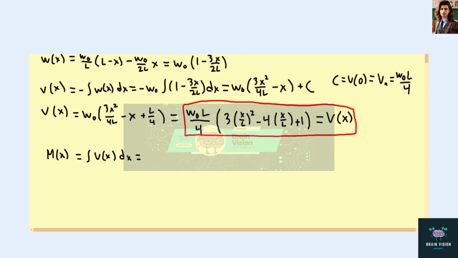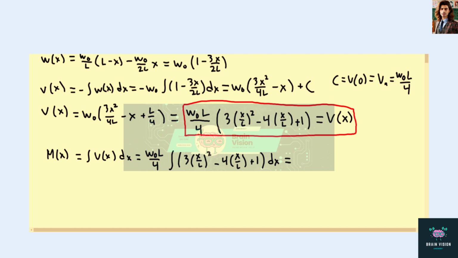So we'll factor out that constant W0L over 4 and integral 3 times x over L squared minus 4 times x over L plus 1 dx.